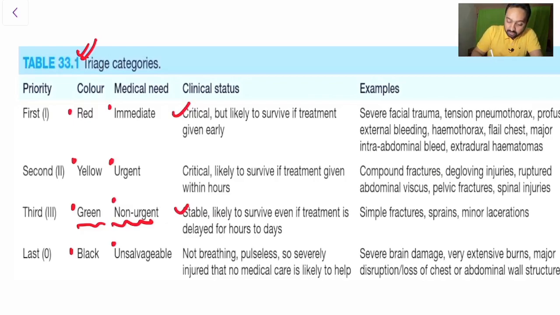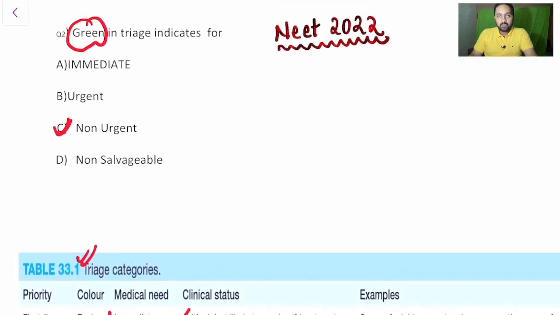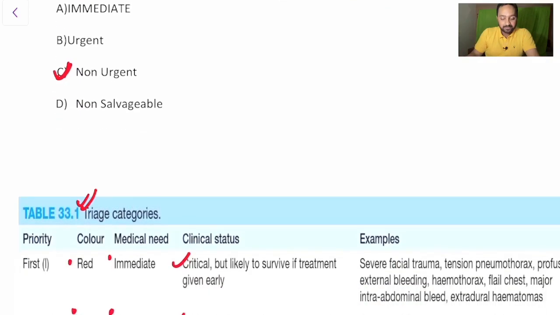In case of yellow, it is critical and they are likely to survive if treatment is given within hours, like spinal injuries and ruptured abdominal viscera. And black are those which are unsalvageable, like extensive burns and severe brain damage. So this was asked in NEET 2022, and a similar question on triage was also asked in the INI exam. So if you look at the trend, the INI questions are getting repeated in NEET exams.